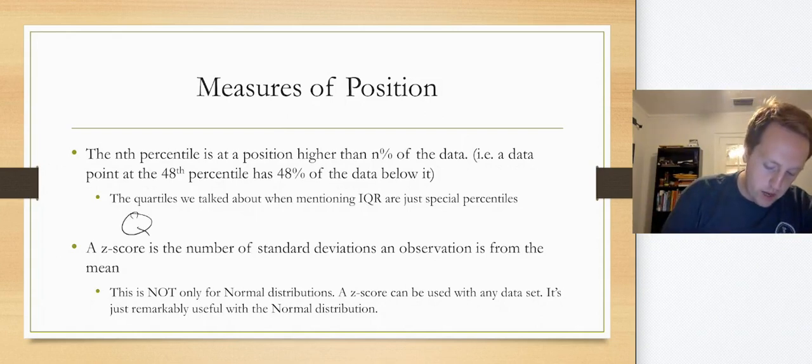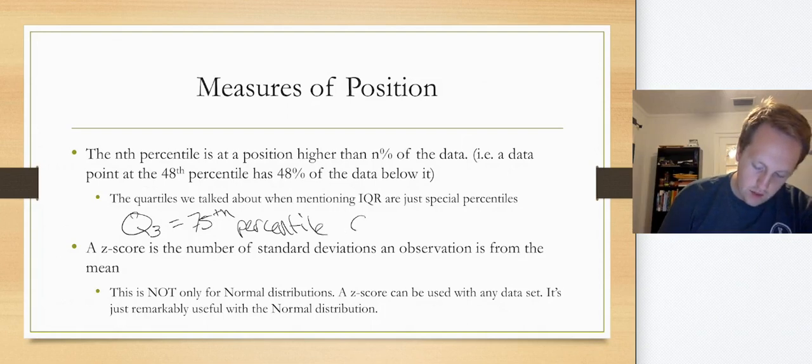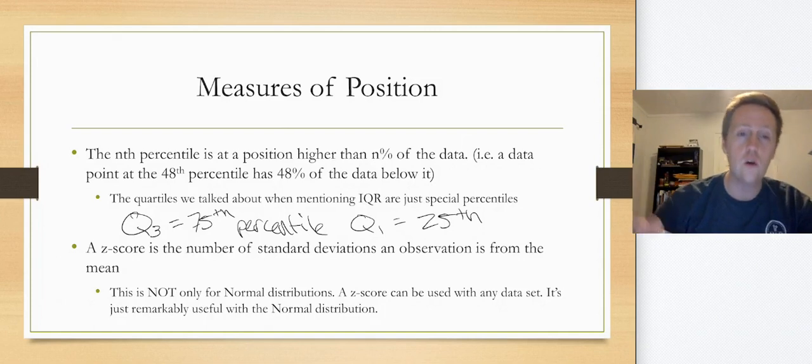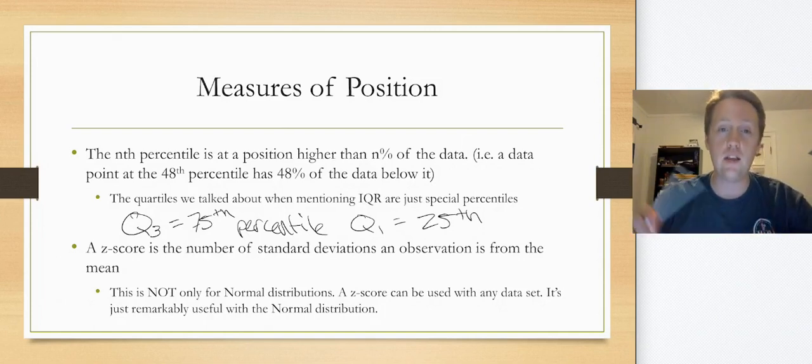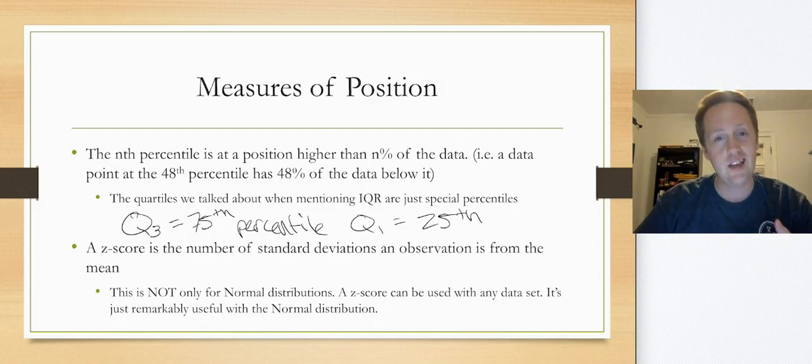So Q3 is just the 75th percentile. And then Q1 is the 25th. Also, Q2 is the same thing as the median, is the same thing as the 50th percentile.